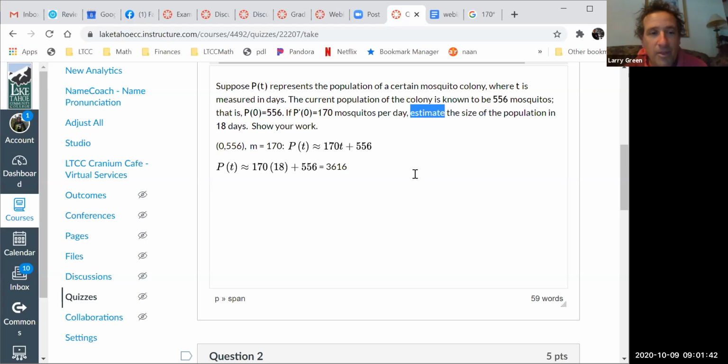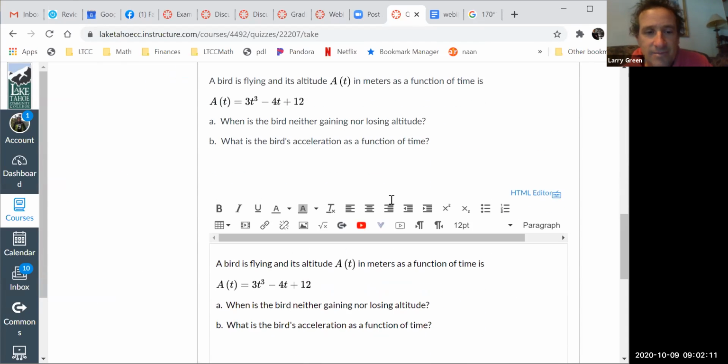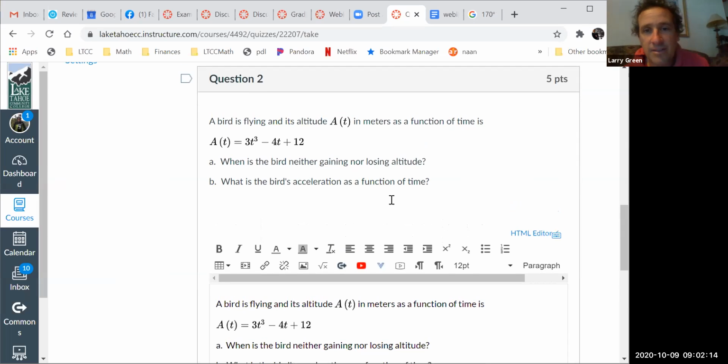Remember that the derivative is the slope of the tangent line, but life is not a line. The idea is if you don't go too far away, you're usually a pretty good estimate. If you go very far away, then you're not a good estimate. 18 may not be that far away, or it may be, really depends on the rate of change, but it's just an estimate is all we can do.